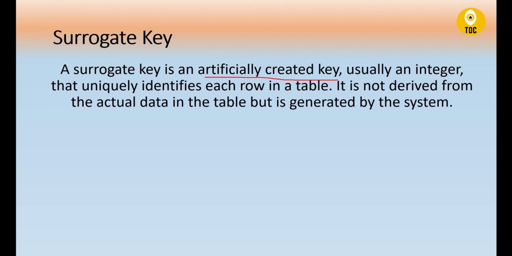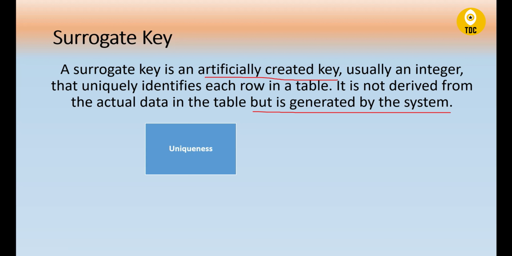It is not derived from the actual data in the table, but is generated by the system. That means whenever there is a new entry into that particular table, the system will generate an ID for that row to uniquely identify it. What are the characteristics?